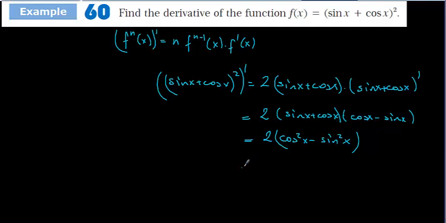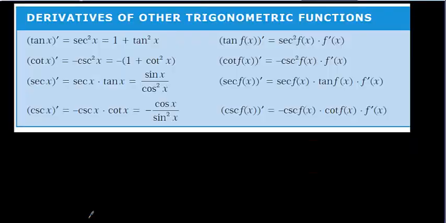And from the trigonometric identities we know this one, cosine square x minus sine square x is equal to cosine 2x, so here it is going to be 2 times cosine 2x. This part is the trigonometric identity part.